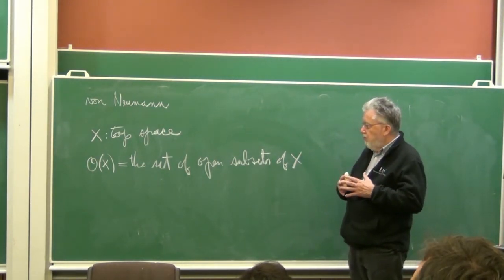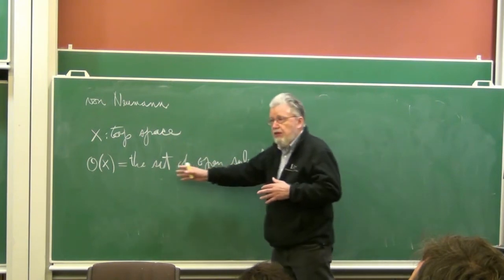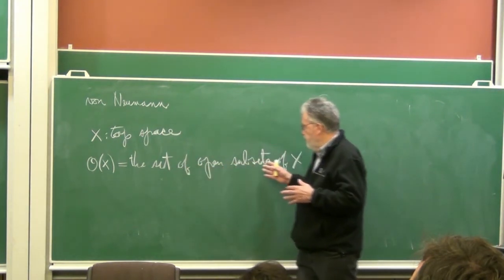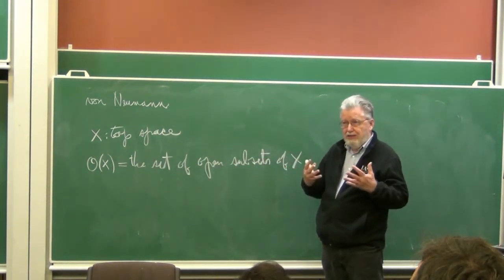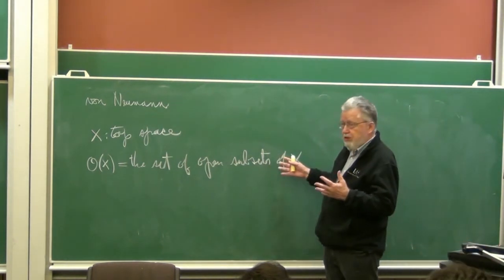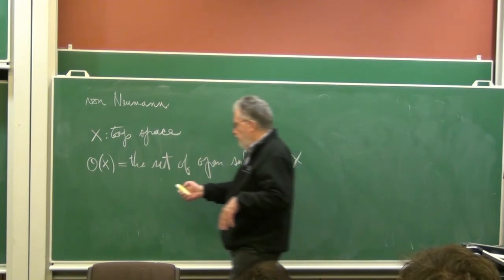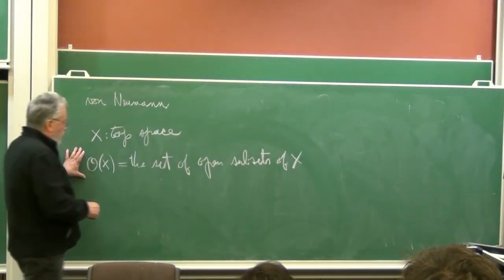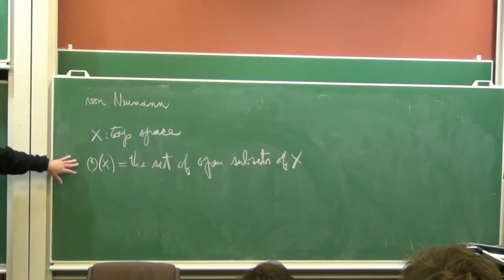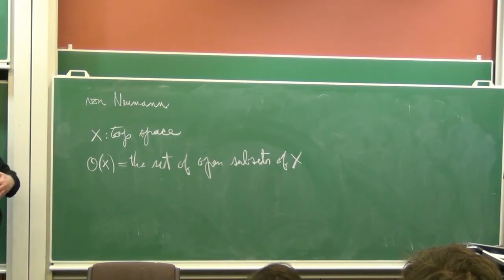You first maybe construct something like the set of open subsets of that space that you would like to construct. The open subsets come first, and the points come after. But the idea of von Neumann was to formalize the algebra of open subsets of a space in order to describe this abstract topology, which could be called formal topology.